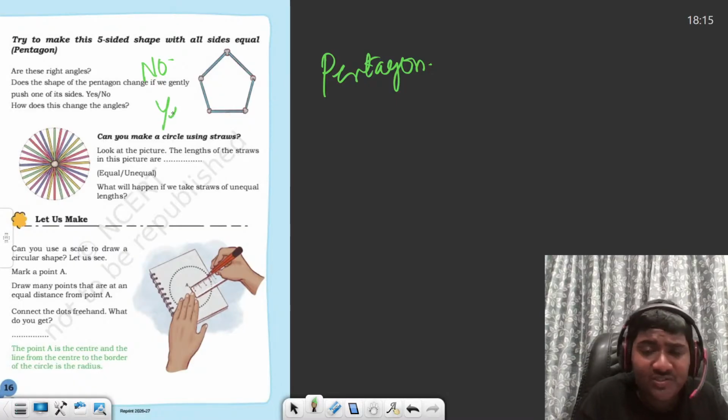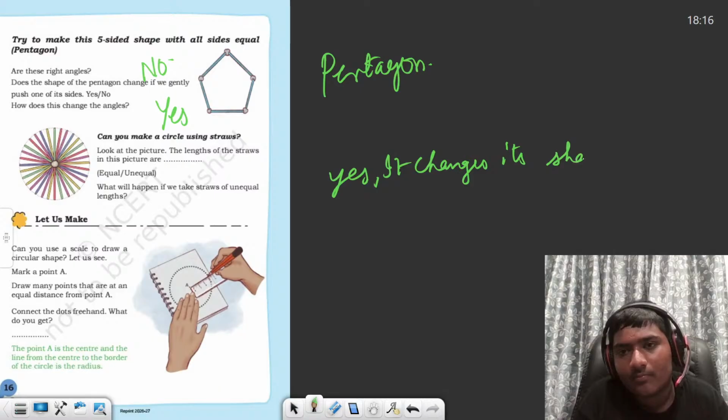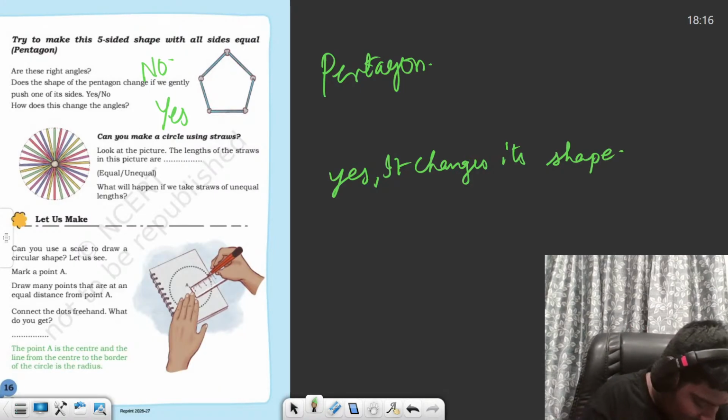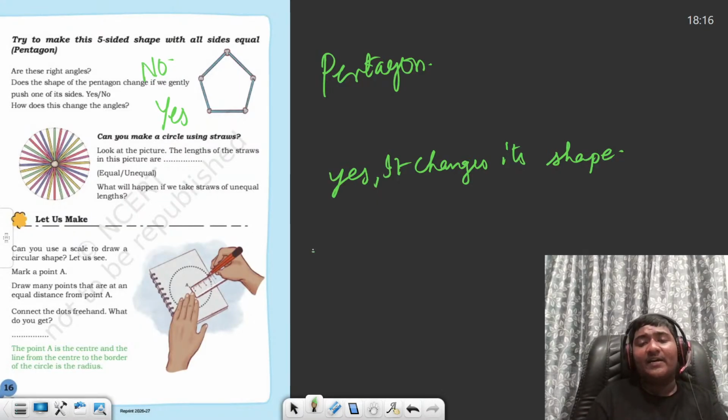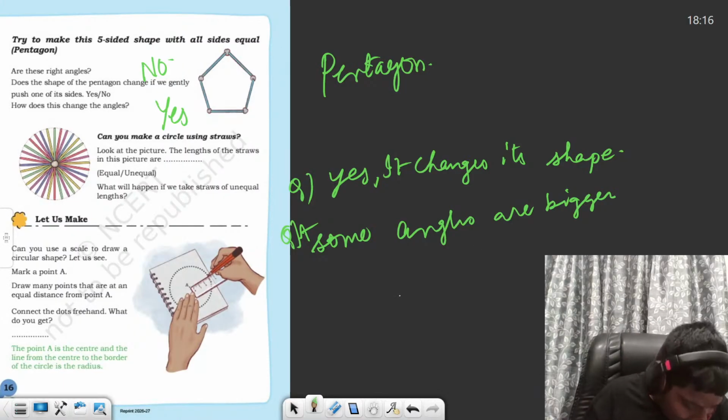Yes, it changes shape. Also, how does it change the angles, children? Some angles become bigger, obtuse, and some become smaller.